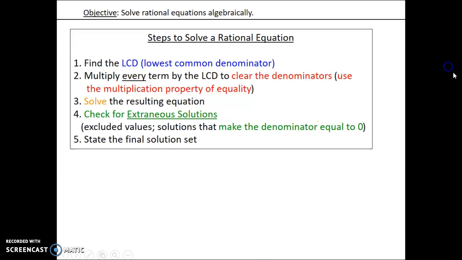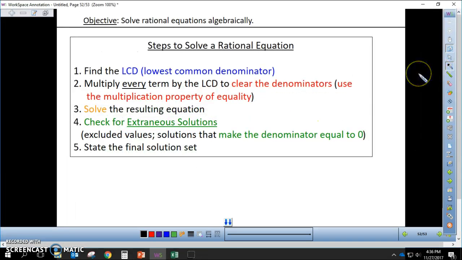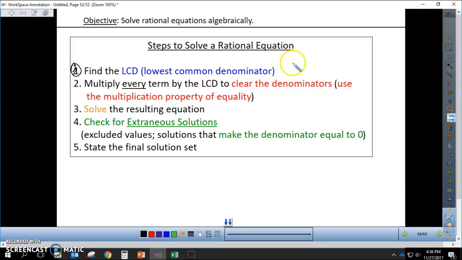So here are steps for solving a rational equation. The first thing that we're going to do is utilize what we learned yesterday in class, and that's finding the lowest common denominator. Remember that we need to make sure our rational equation is factored. We'll find our shared factors.